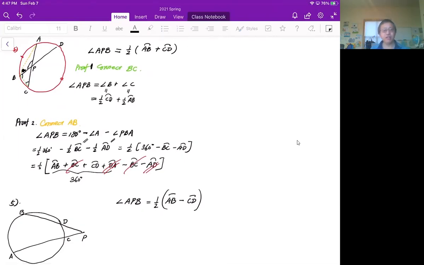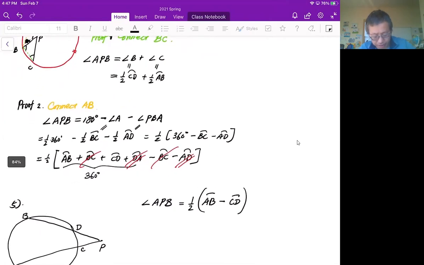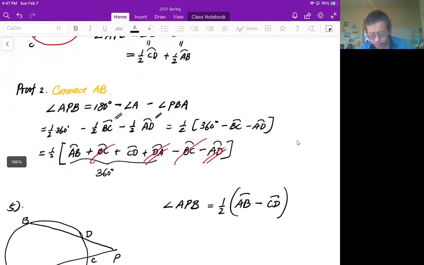The previous one is the addition of the two arcs and divide by 2. Okay, it is the average of the two arcs. And this one is the difference of the two arcs and then divide by 2. So for the inside angle, it's a plus. For the outside angle, it's a minus. Okay. So how to prove this? It's just similar to the previous proof. Very, very similar.